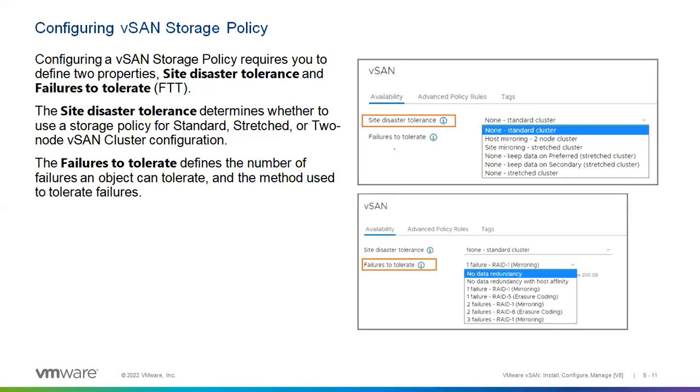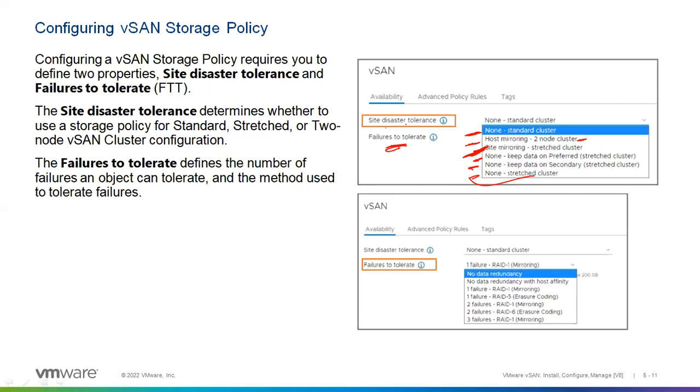The important things we have to understand are site disaster tolerance and failures to tolerate. Here, among the number of policies, you will find host mirroring with 2-node cluster, non-standard cluster, where we don't have enough nodes for applying RAID 1, and site mirroring, which is primarily used when we are planning a stretch cluster. Keep data on preferred site, keep data on secondary site, non-stretched cluster.